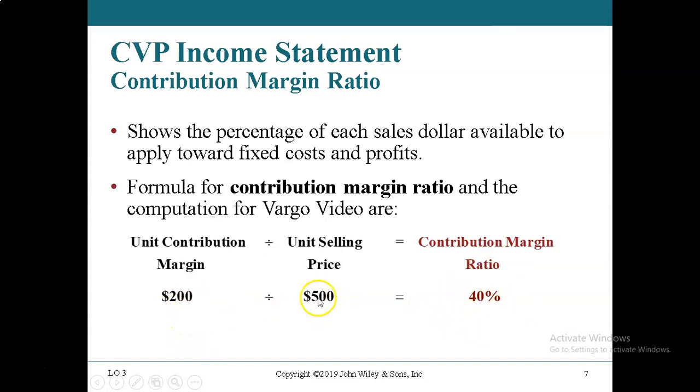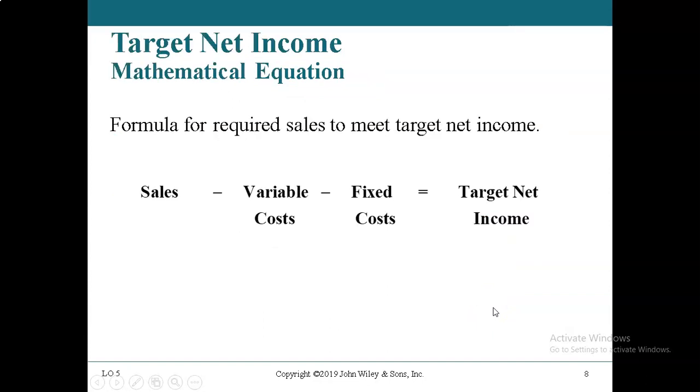So 200 divided by 500 is 0.4, or you can say 40%. Okay, so here we know that sales minus your variable cost minus your fixed cost is going to be whatever your net income is going to be.